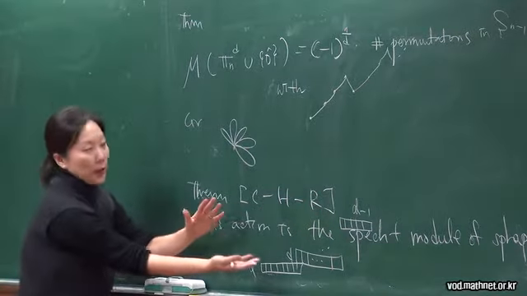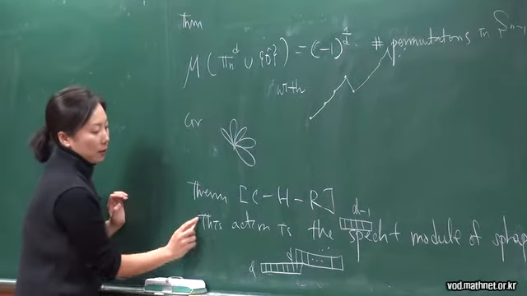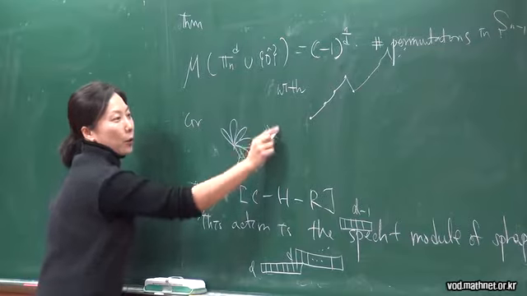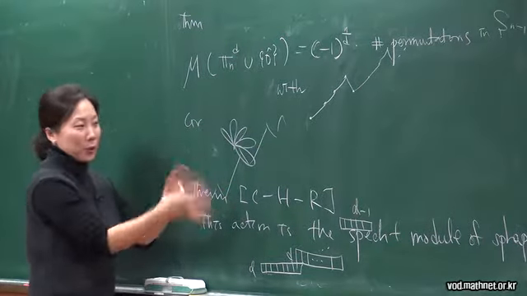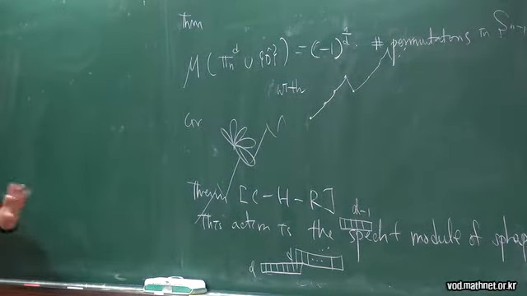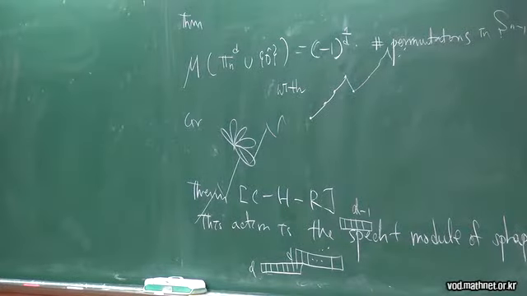If you flip these boxes in these directions, we have these patterns, so it makes sense. So the dimension is the number of permutations. Any questions so far?